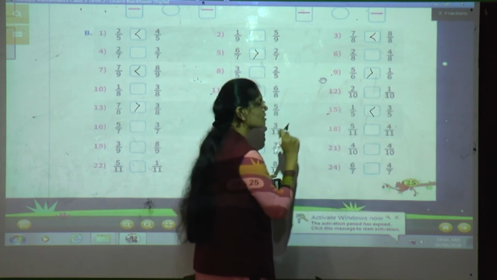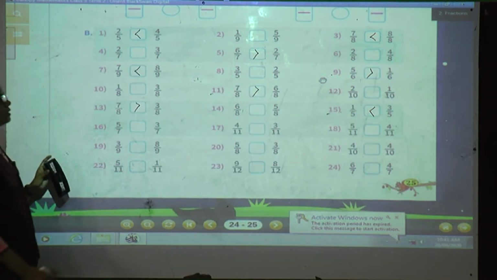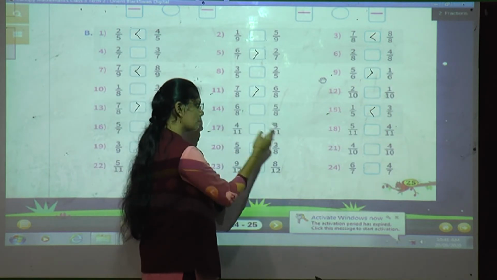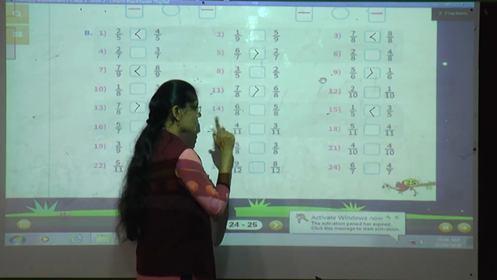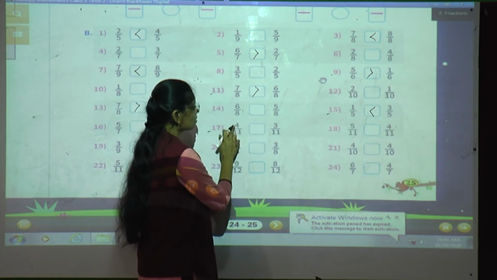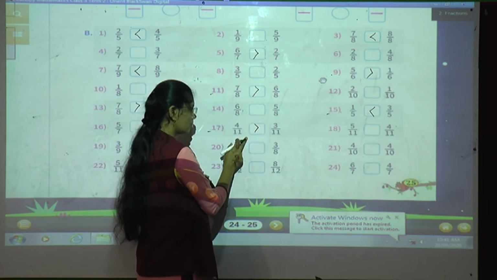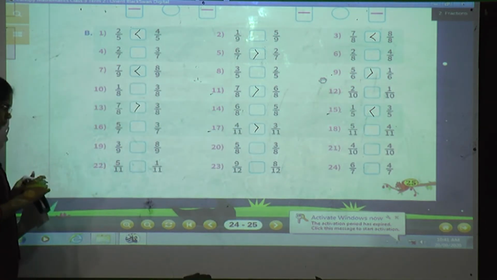So 3 by 5 is greater than 1 by 5. Then see this 17th number. Here 4 by 11 and here 3 by 11. In these two fractions the denominator is same, like fractions. So see only the numerator. Here 4 and here 3. 4 is greater than 3. So 4 by 11 is greater than 3 by 11.